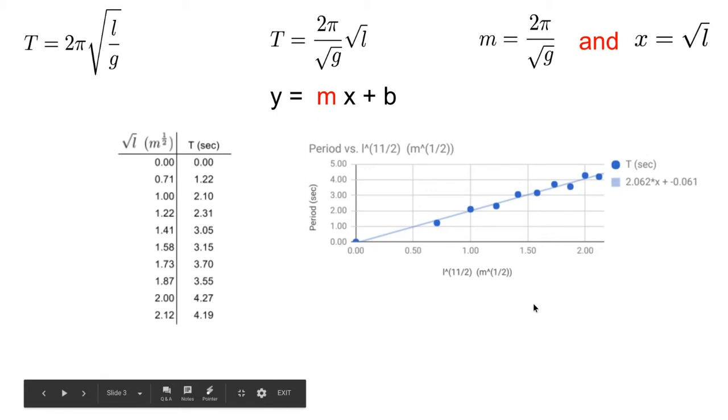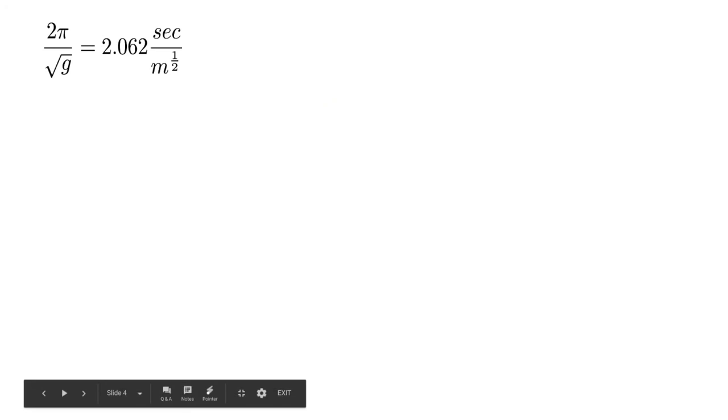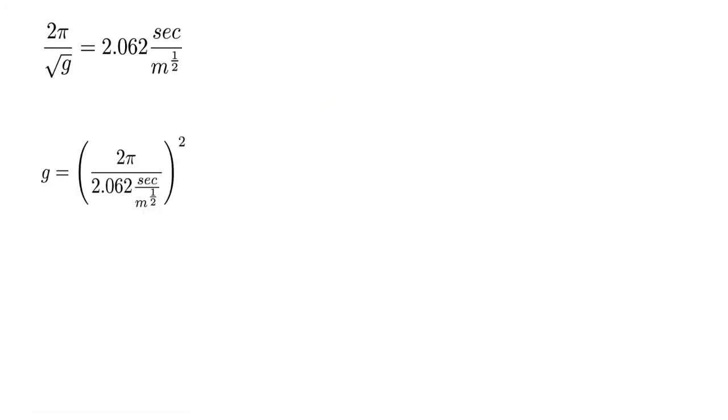The beauty is that this slope is 2.062 seconds over root meters, which is equal to 2 pi over root g. If we do some more algebra, we can rearrange this, and voila, we can now determine the gravitational acceleration for a particular experiment. In this case, 9.29 meters per second squared.